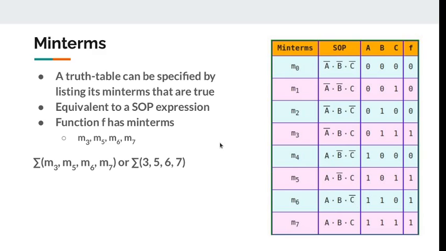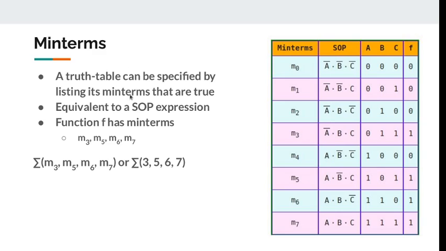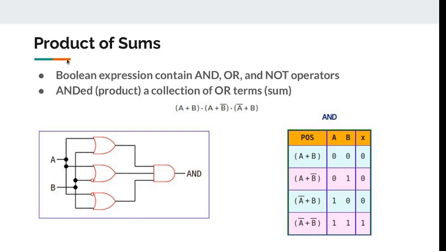And as always in Boolean algebra, we also have the product of sums. So this is sum of products, and we're also going to have a representation of product of sums. In this case, we're going to use the complement of the output, when our function is false. So you can see that's the opposite of what we just did.